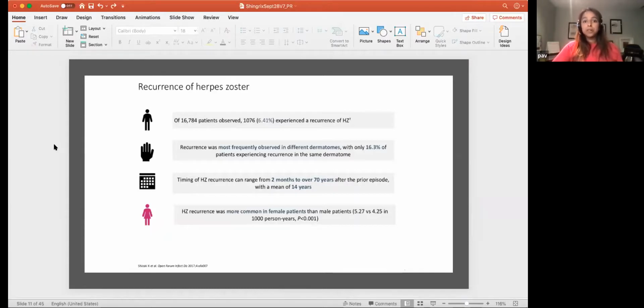It's also important to note that if you've had shingles before and perhaps it was in an area or dermatome that was less uncomfortable, it wasn't on your face, you were still able to go to work if needed, that's not necessarily going to be the case if it does reoccur. Only 16.3% of patients were seen to have that reoccurrence at the same dermatome that they originally did.